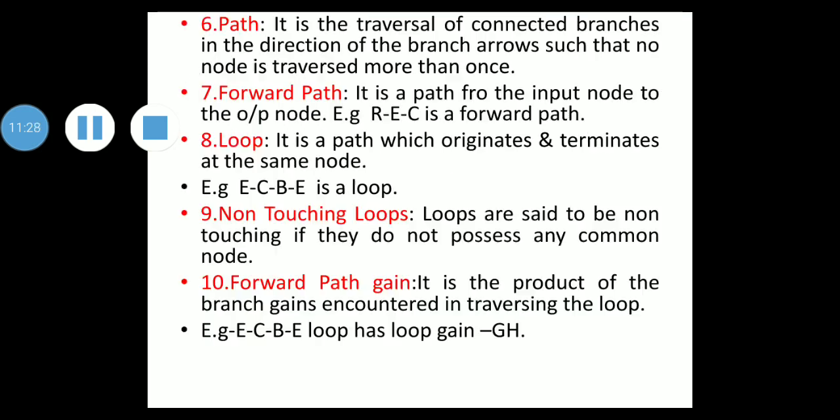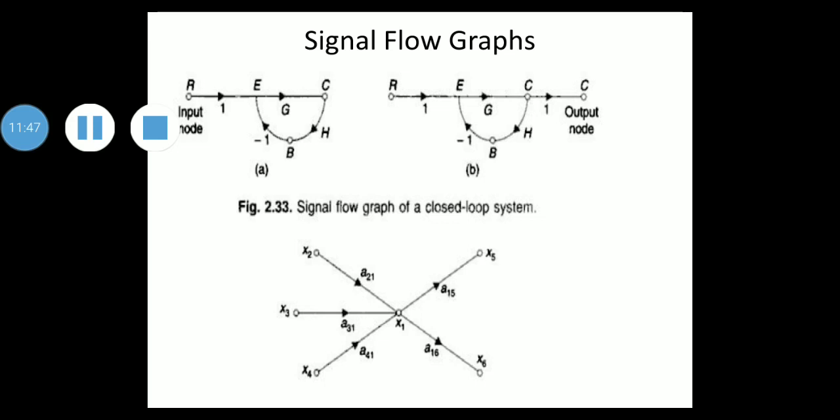Next we will see loop gain. It is a product of branch gains encountered in traversing the loop. So we'll take this loop ECBE.